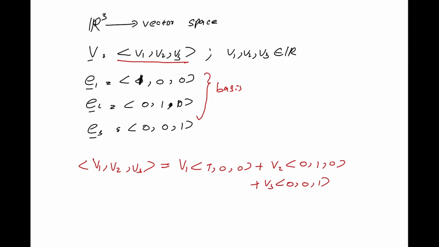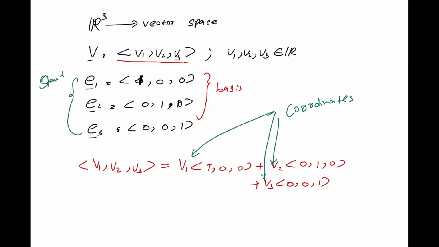You can easily see that if you scalar multiply these vectors and add them up, you will get this vector. These three coefficients we usually call coordinates. They indicate how much proportion of your vector belongs to each basis vector.